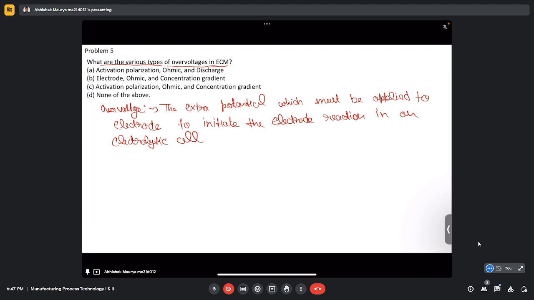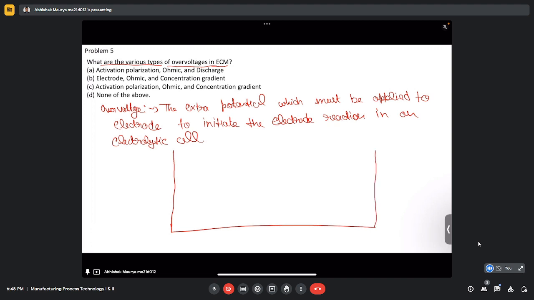But whatever potential we actually need to carry out the reaction, we need to supply a little bit more than that, and that is called the over potential. So there are many types of over potential.